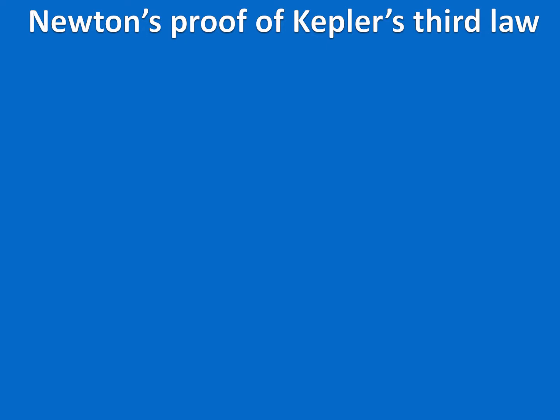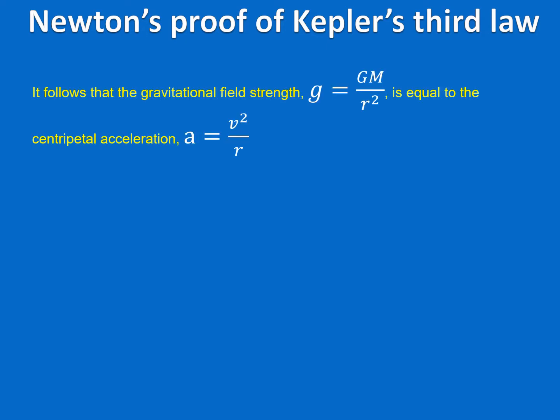So the gravitational field strength can be expressed as an acceleration, or as the force per unit mass. If you look at the equation for Newton's law of attraction, g, the field strength, can be expressed as GM over r squared. And centripetal acceleration from circular motion equations is equal to v squared over r.